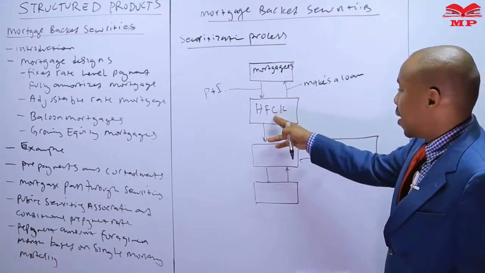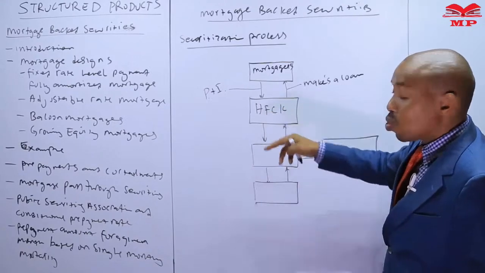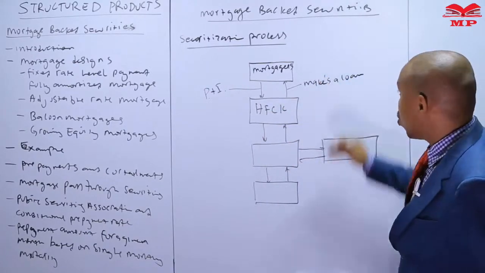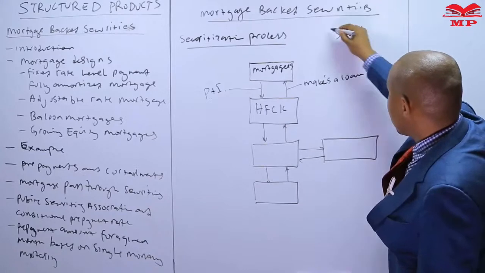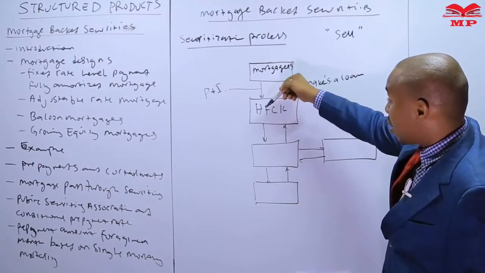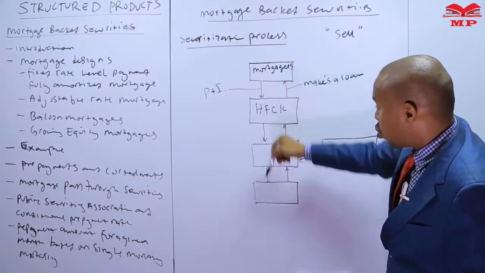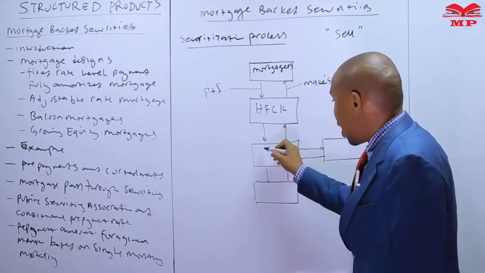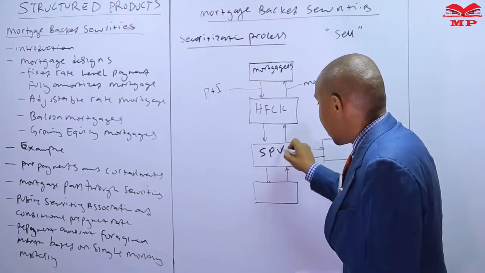HFCK goes ahead and sells the loans. I can put selling in quotes like this. It transfers the loans from its books to an entity here called a special purpose vehicle.